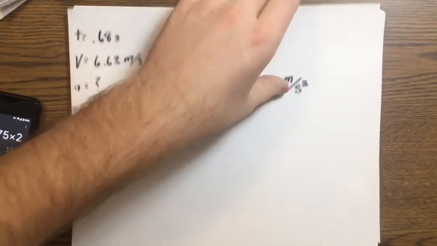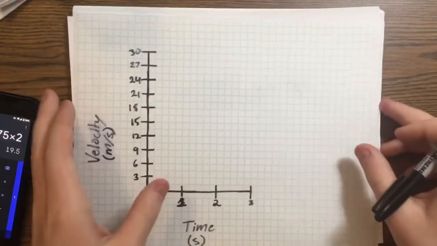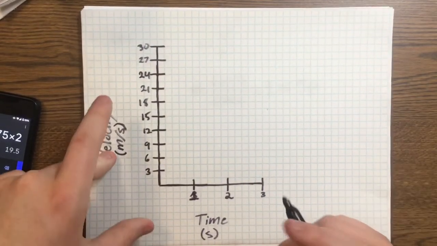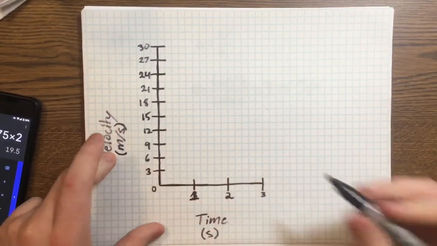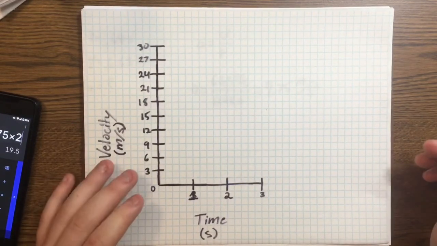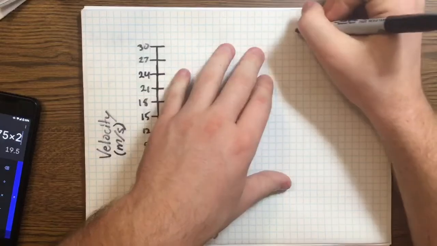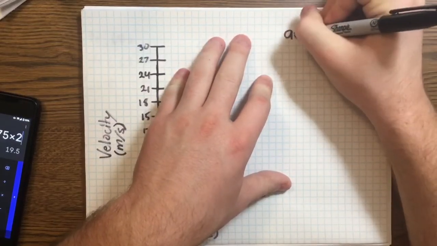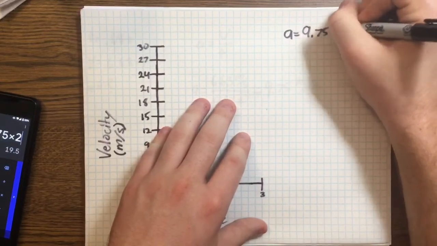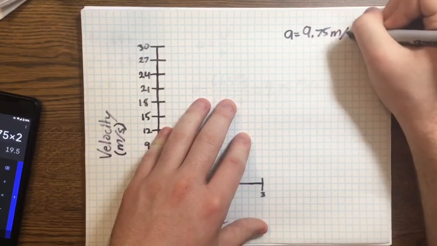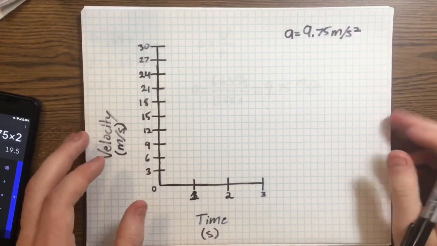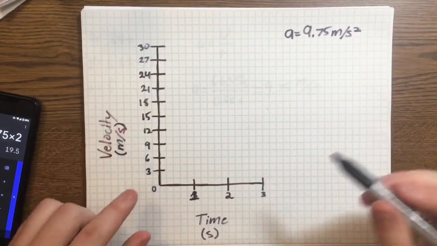All right, so I got my graph right here. We have velocity on the y-axis, and we have time on the x-axis. So we know our acceleration was 9.75 meters per second squared. And we have this graph.